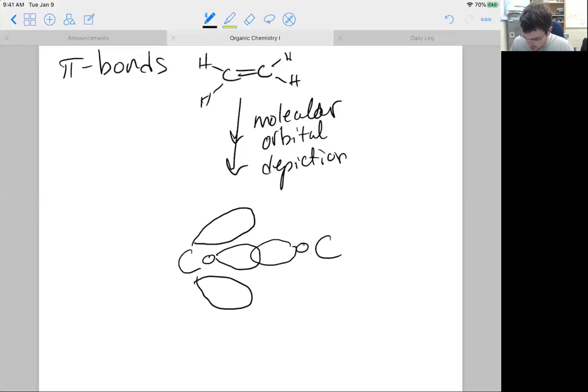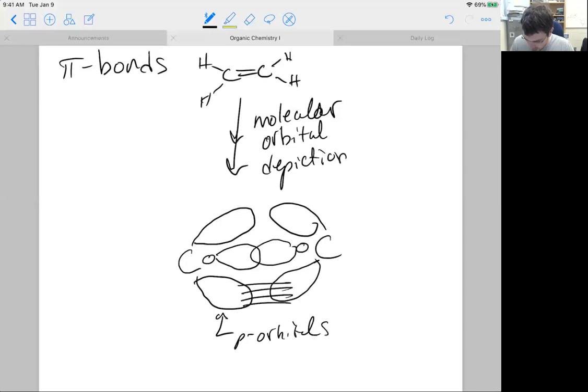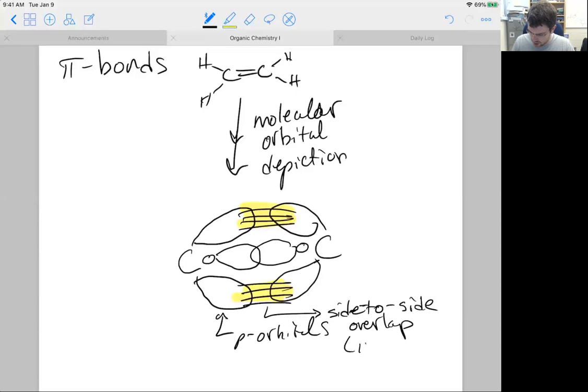Recall that these are p orbitals, and I'm going to do this little thing to indicate side-to-side overlap, which is true of a pi bond.